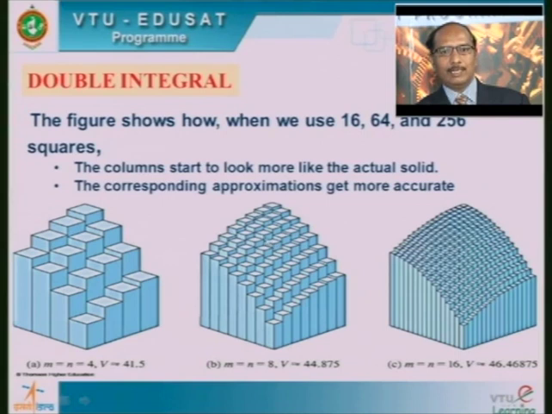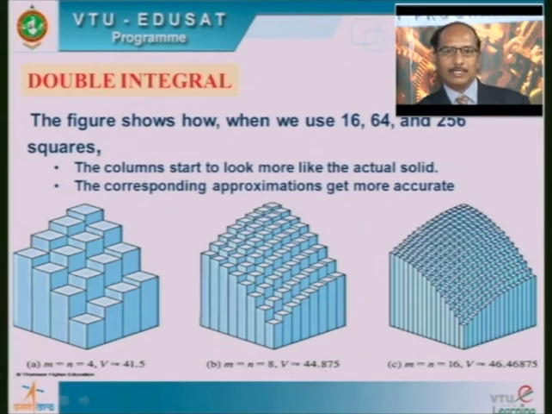Similarly, if I divide into more subsquares, m equal to 8 and n equal to 8, 8 into 8, 64 square subregions, that volume gives 44.875, if we add all those volumes of their columns.